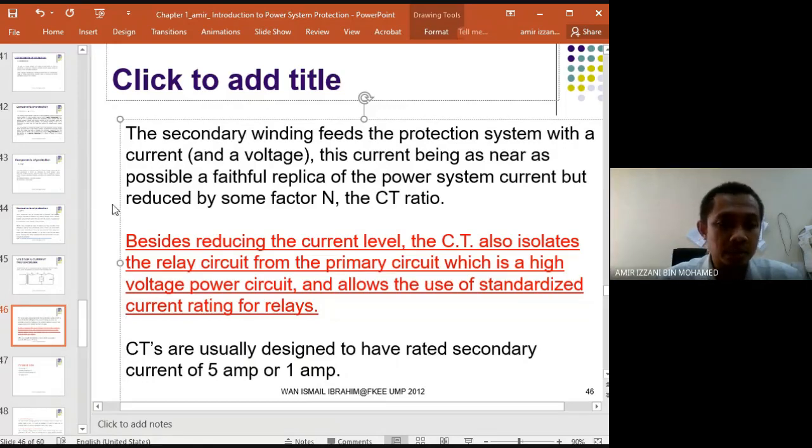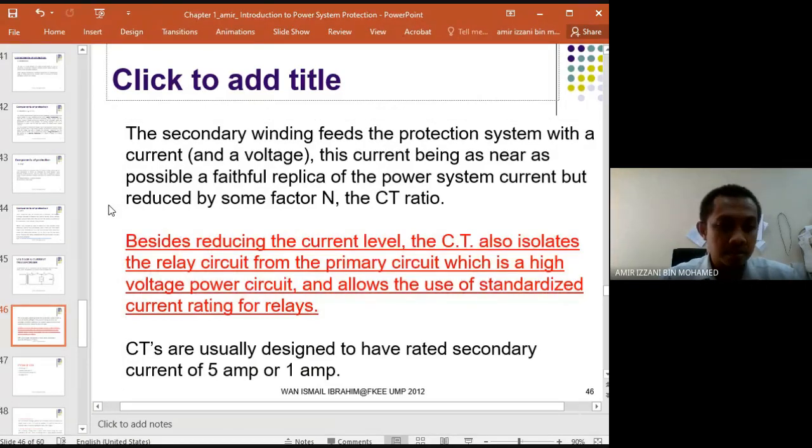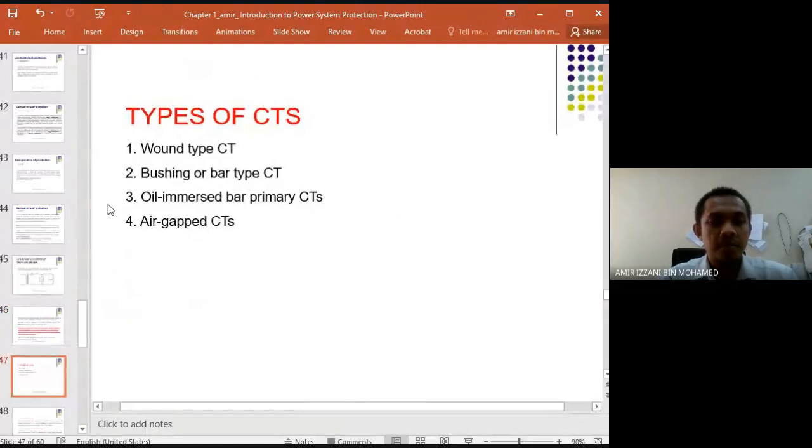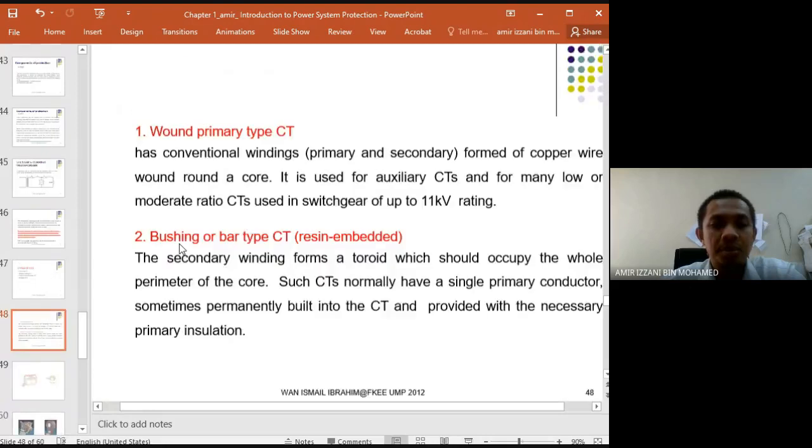Okay, let's move on. Types of CT. There are 4 types. It's written here: wound type CT, bushing or bar type CT, oil immersed bar primary CT, and air gap. I can show you the picture.